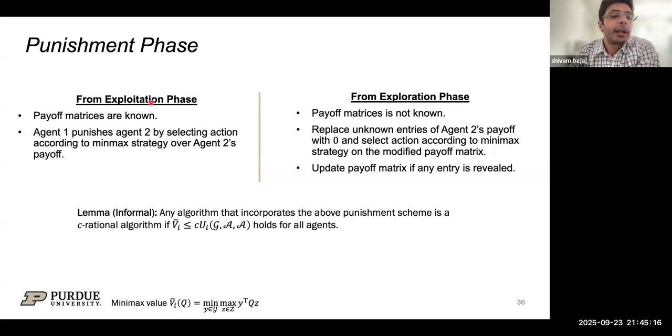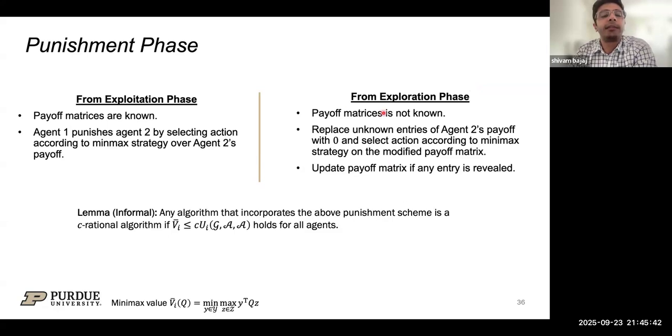So recall in the exploitation phase, the payoff matrices are known. So if an adversarial agent deviates in the exploitation phase, and since, for ease of exposition, I'm considering agent one and agent two, I'm assuming agent two deviates. Then agent one can just use a minimax strategy over agent two's payoff matrix and play the minimax strategy against it.